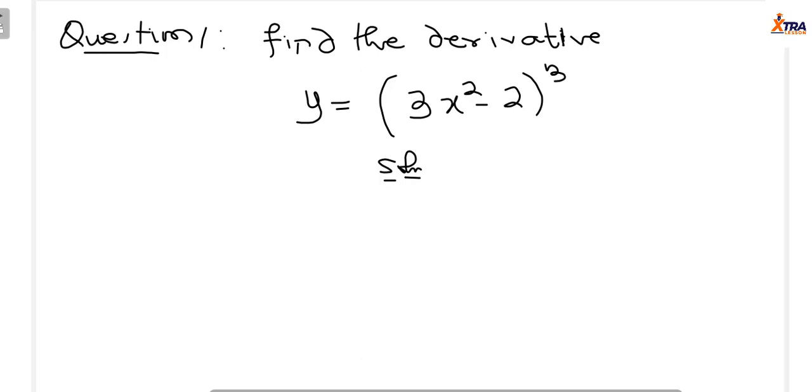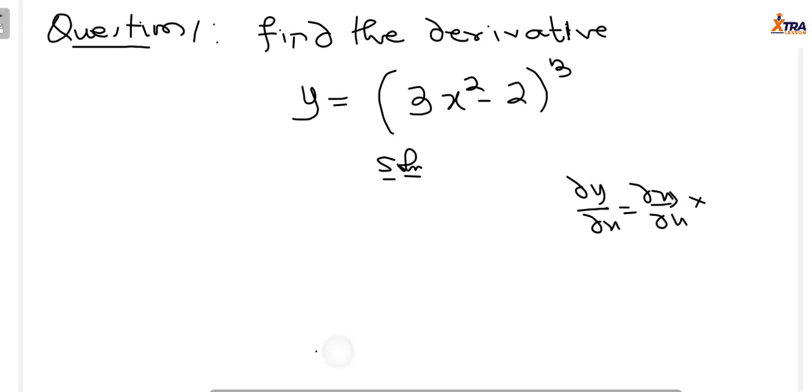Now we know that our function of a function, dy over dx, is equal to dy over du times du over dx. So for us to solve this with the help of the chain rule, it means we have to find dy over du. It means we have to differentiate y with respect to u as well as u with respect to x.